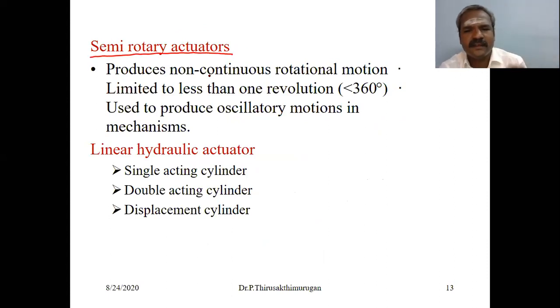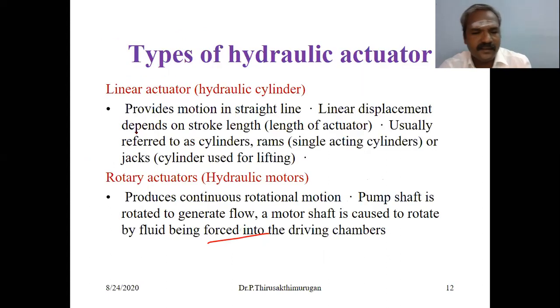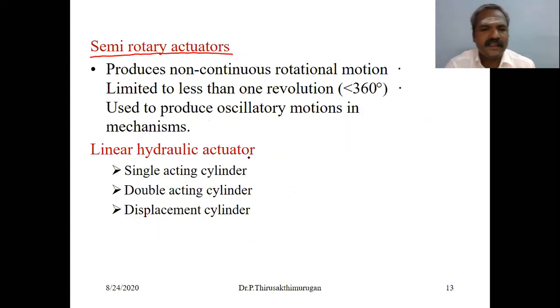The rotary one is for 360-degree rotation, whereas semi-rotary is for less than 360-degree rotation. Then linear hydraulic actuators can be classified into three groups: single acting cylinders, double acting cylinders, displacement cylinders.